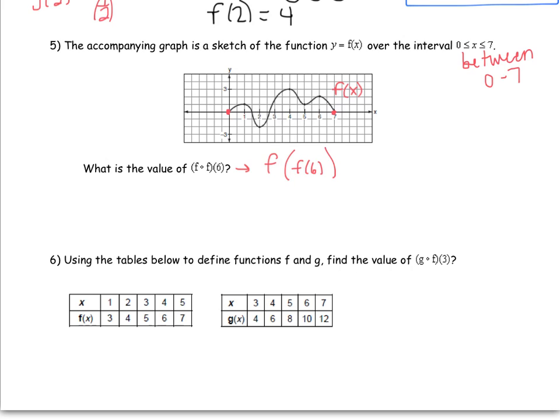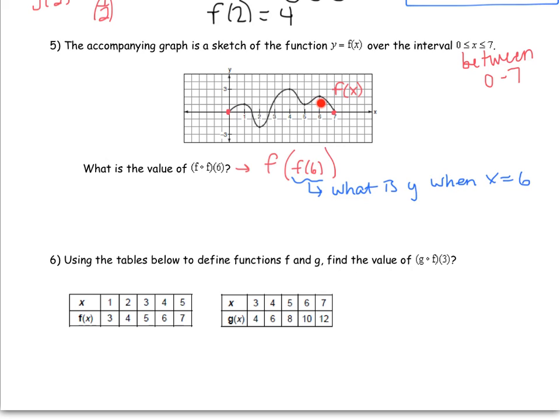Okay, f of 6, this means what is y when x is 6. So we have a graph. The graph is saying, what is y when x is 6? So we're going to go all the way over to 6. What is y?